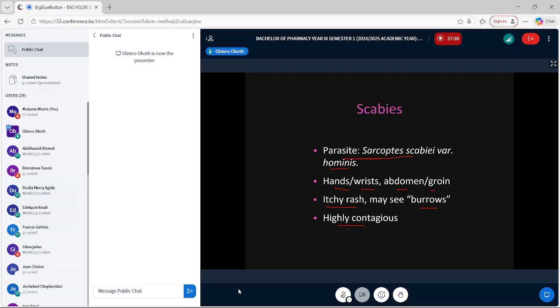And the itching is not from the organism, it's from the immune response to the eggs and to the feces and to the structure of the animal.